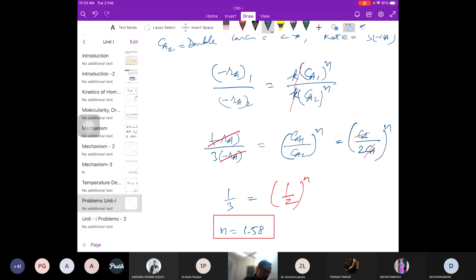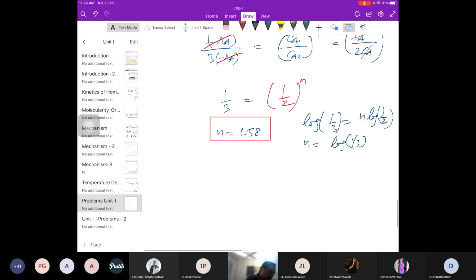You can take log of both the sides. And then n is equal to, मैनुअल भी कर सकते हैं, कैलकुलेटर से भी कर सकते हैं. You get the answer 1.58.